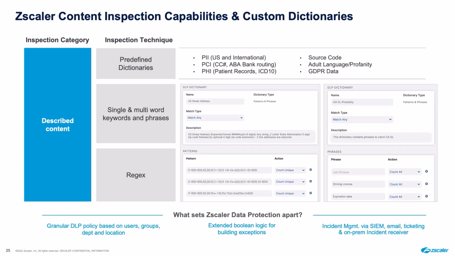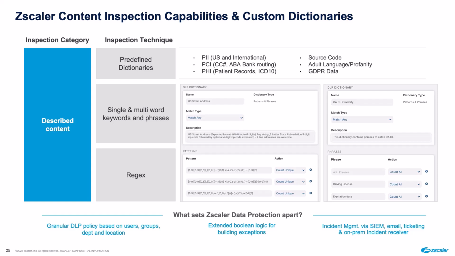Now, the way the DLP policy works is that you take these predefined dictionaries and custom dictionaries, and you build a DLP engine, perhaps by combining both using different Boolean logic like and, or, not. Then once you build these DLP engines, you take those engines and apply them to a policy.